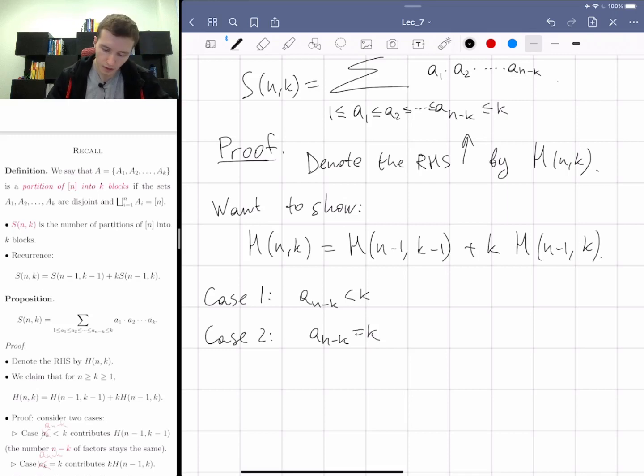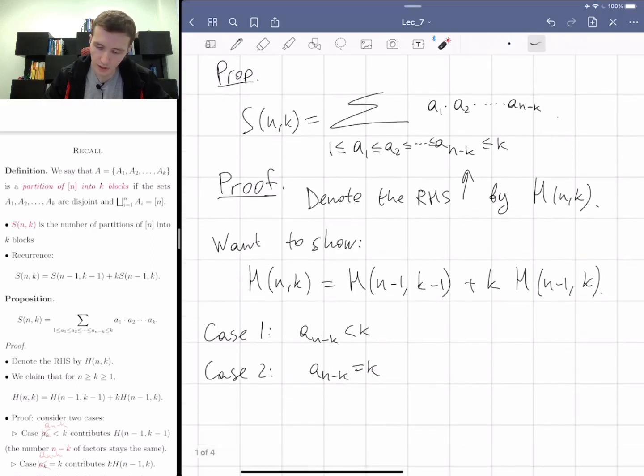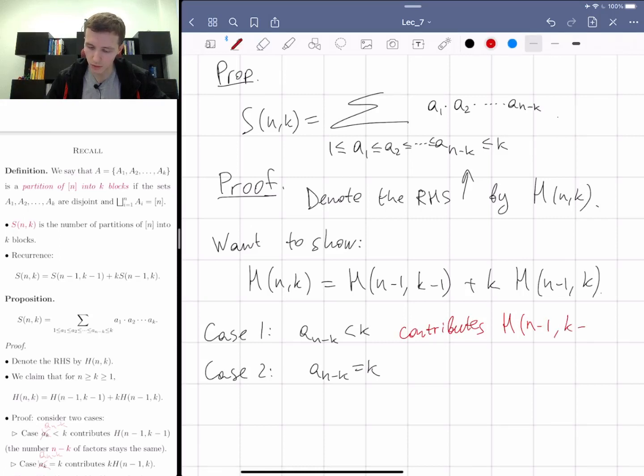Okay. And so if a n minus k is less than k, then what do we have? We just get that you can replace k here by k minus 1, and you preserve n minus k. So in other words, this contributes h of n minus 1 comma k minus 1.